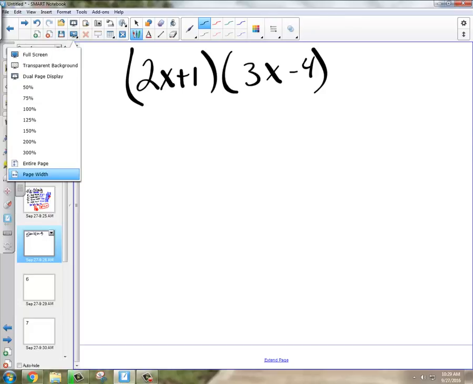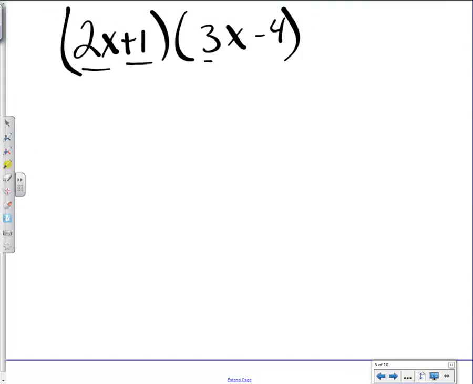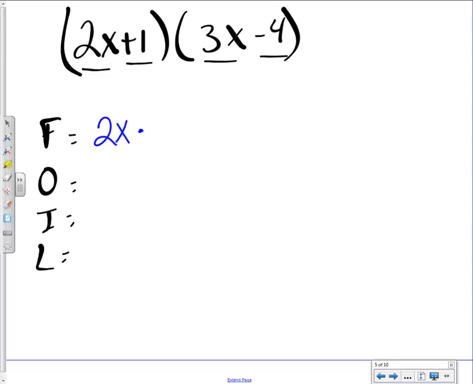How do I know I'm FOILing? Well, because there's 2 terms times 2 terms. That means FOIL. So here's our FOIL format. Make sure that you're taking the sign in front of it to do this. My first 2 terms are 2x times 3x. My outside 2 terms are 2x times a negative 4.